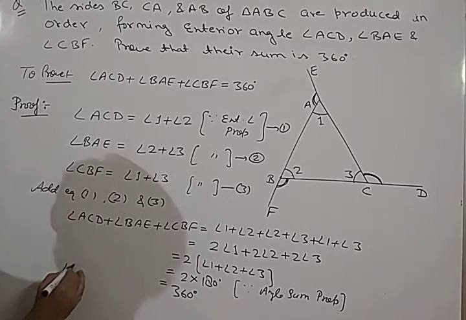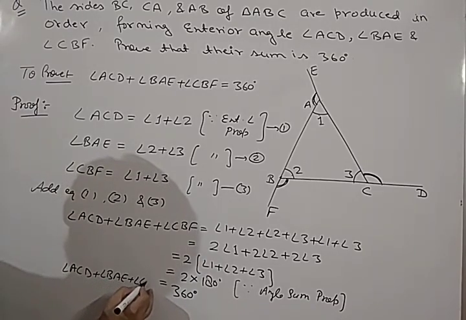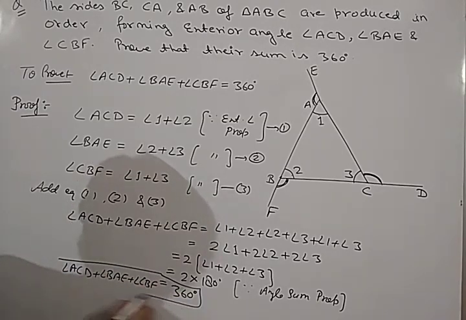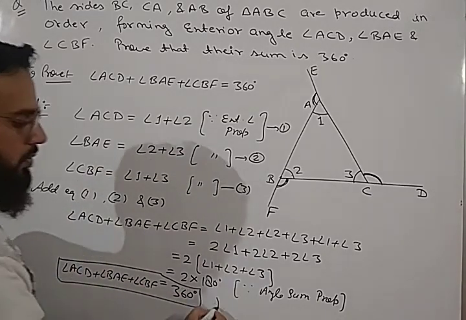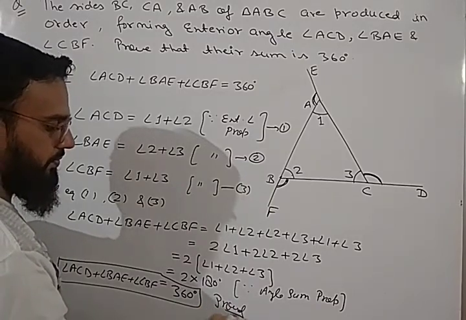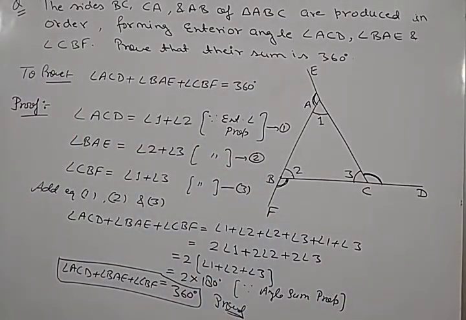So we get our answer: angle ACD plus angle BAE plus angle CBF is equal to 360 degrees. This is what we have to prove. So we have proved the question. Note it down.